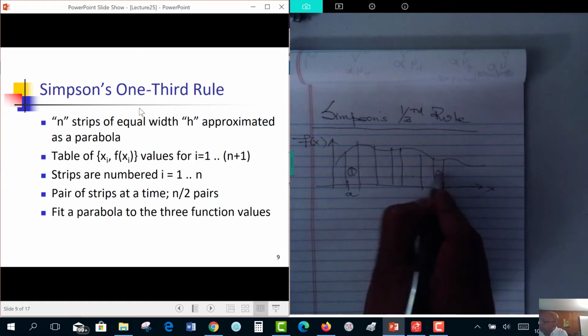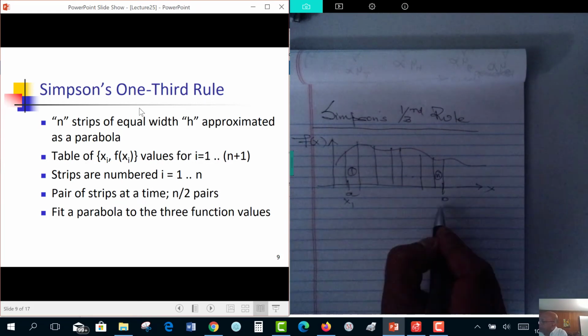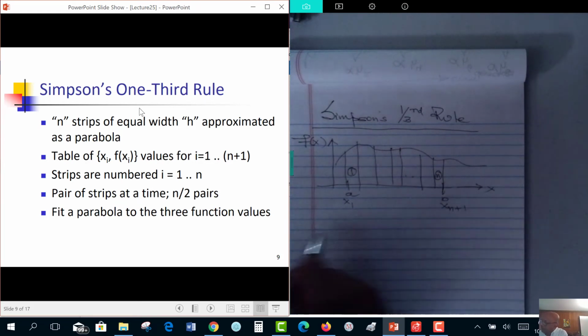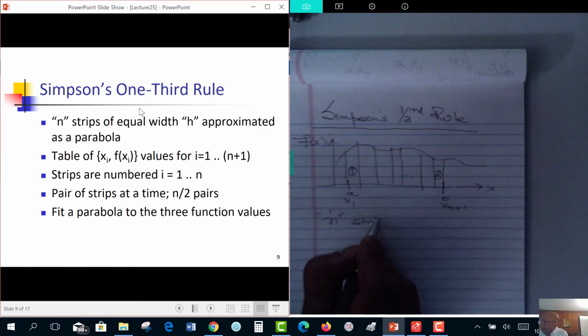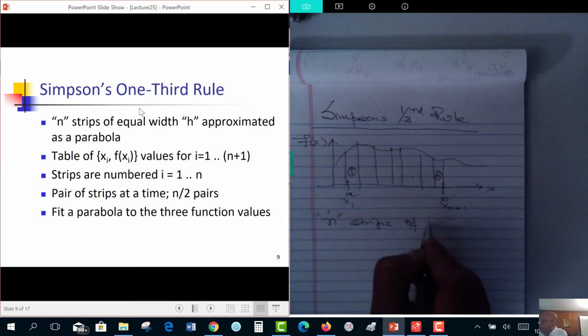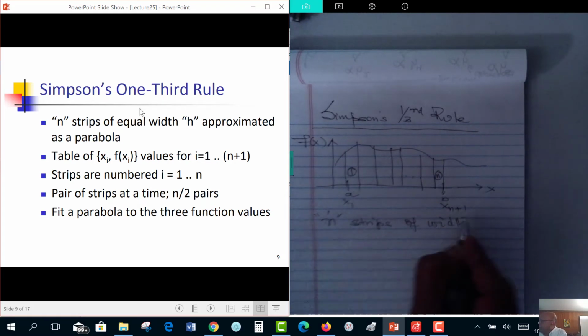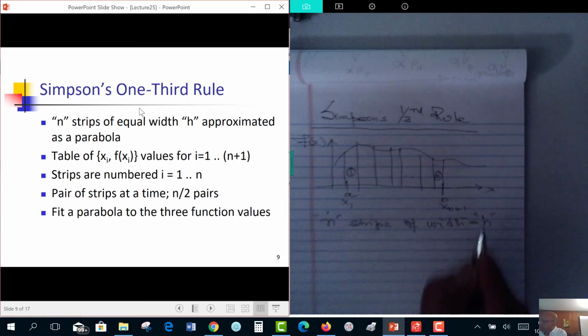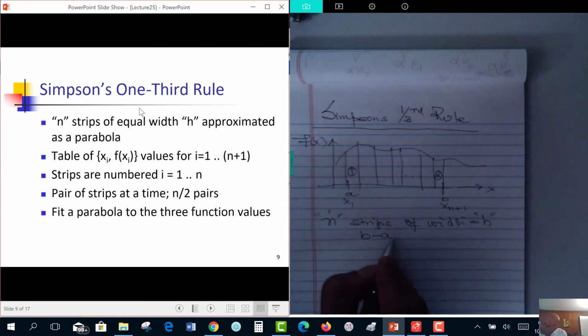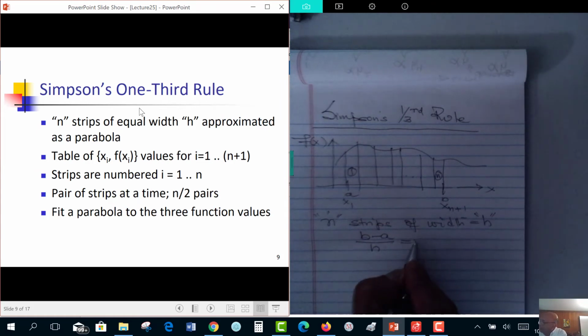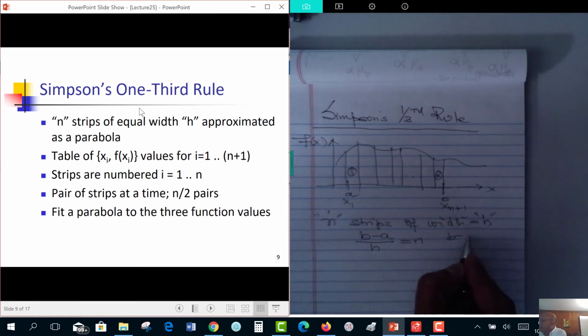So this is x1, this is xn plus 1. So n strips of width equal to h. So we know b minus a over h is equal to n, or b minus a over n is h.